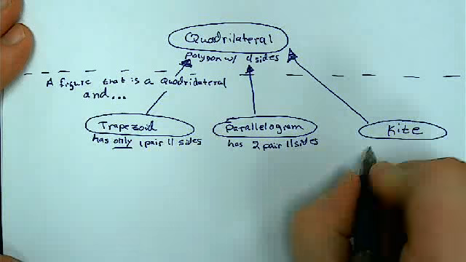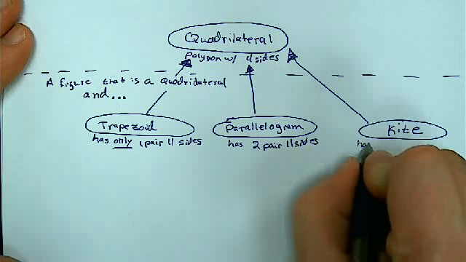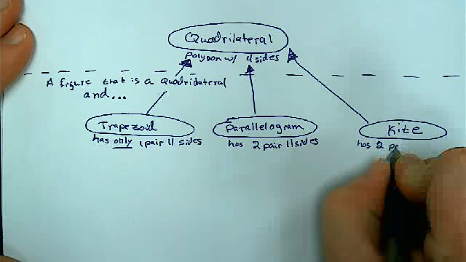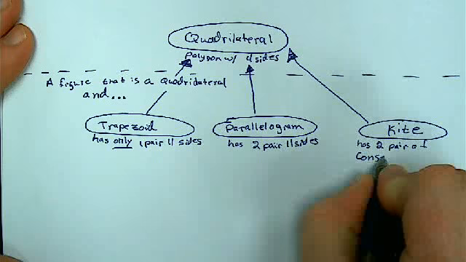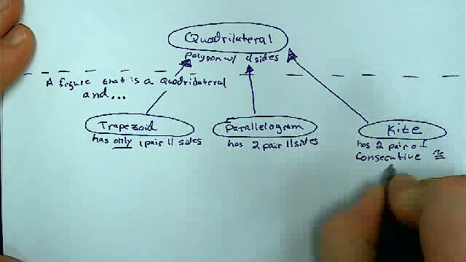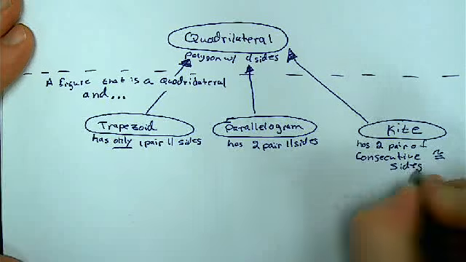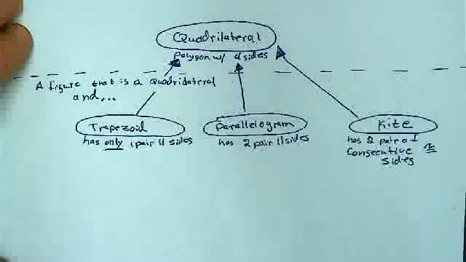And then a kite, a figure that is a quadrilateral and has 2 pair of, this gets a little dicey now, consecutive congruent sides. Get that a little better centered.